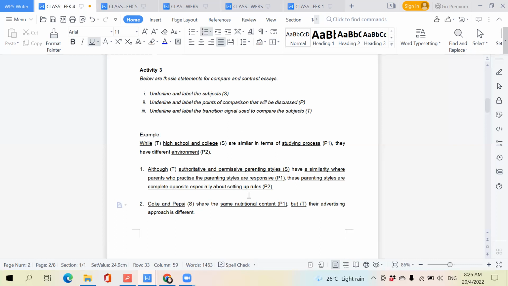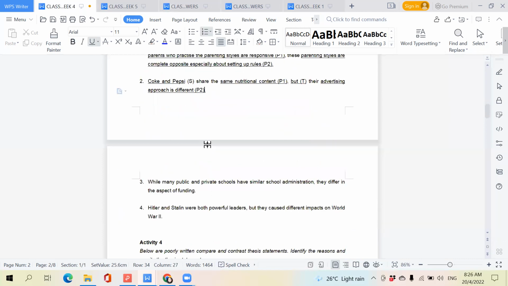Do not combine with differences. Okay. All right. Next, the advertising approach is different. Same. So this is also a point of comparison. However, this is P2, which talks about differences. Okay. All right. So it's not that difficult. It's just a matter of you understanding that you have to have all of these three components in order to write and practice thesis statements. So please remember.